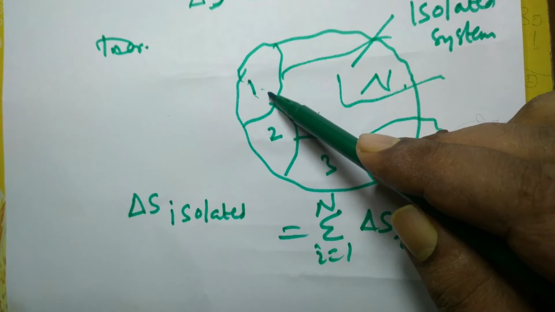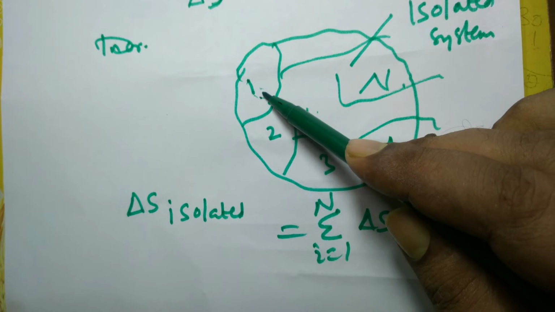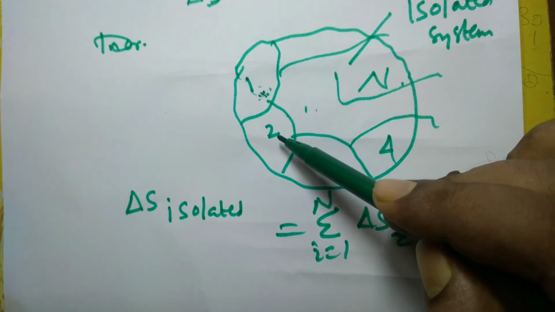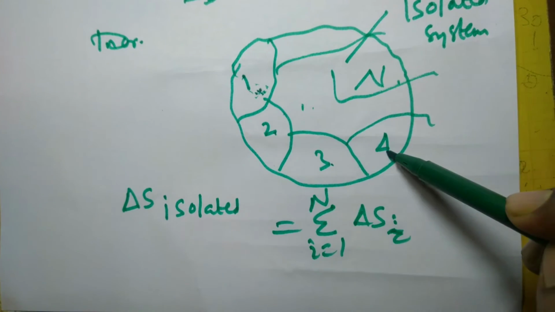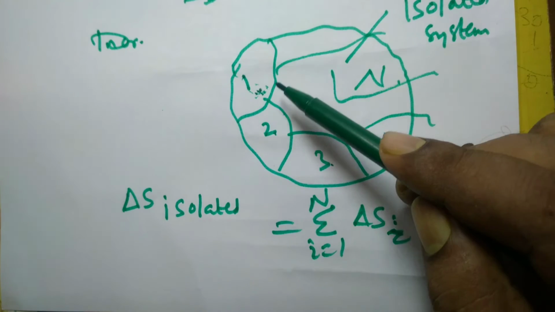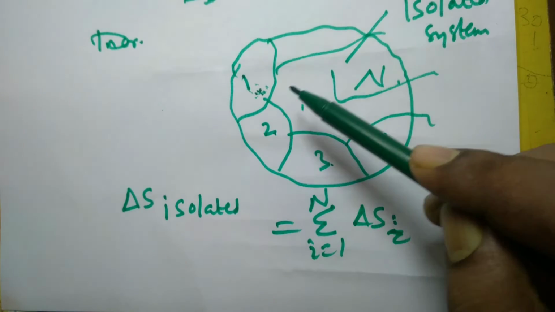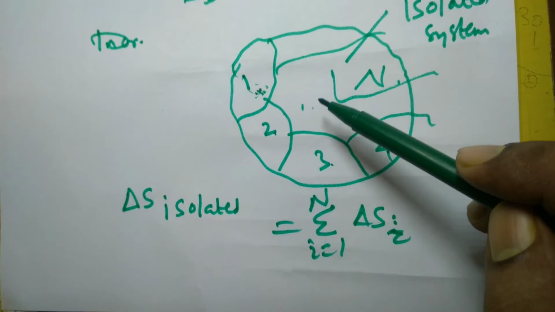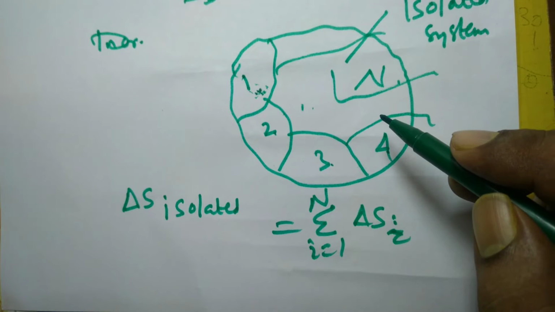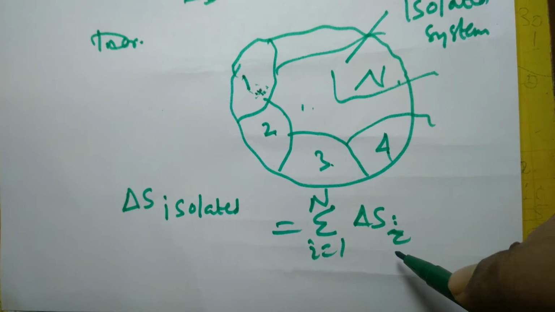If the entropy change of subsystem 1 is delta S1, then delta S2, delta S3, delta S4, we can add all those changes in entropy to find the change in entropy of this combined isolated system, because entropy is an extensive property. It depends upon the size, upon the mass of the system.